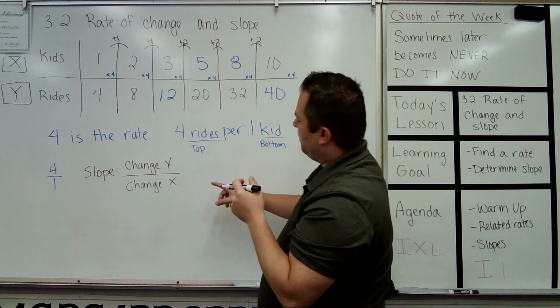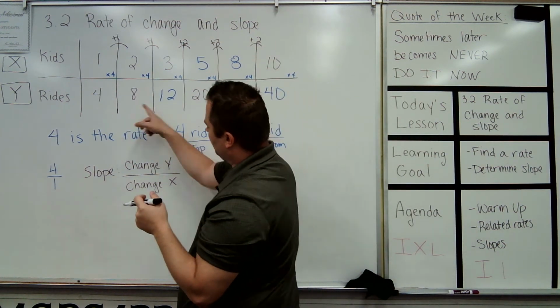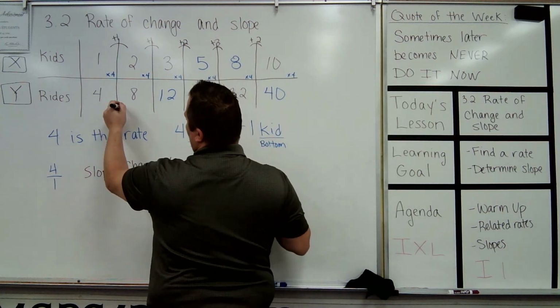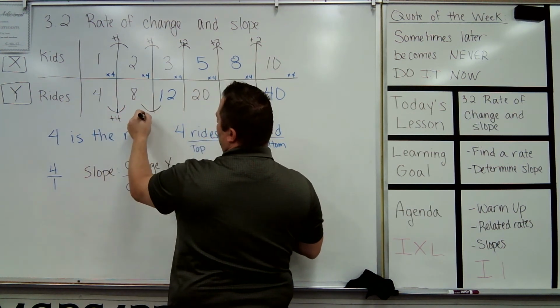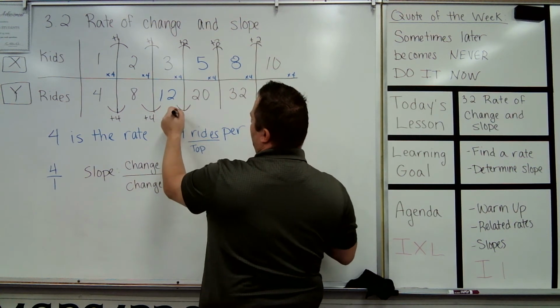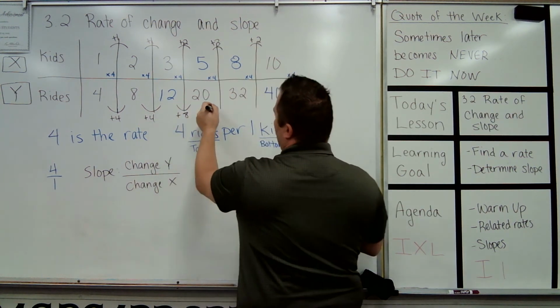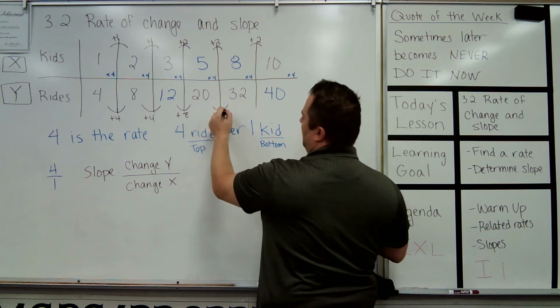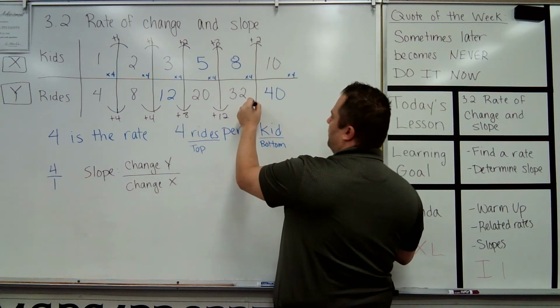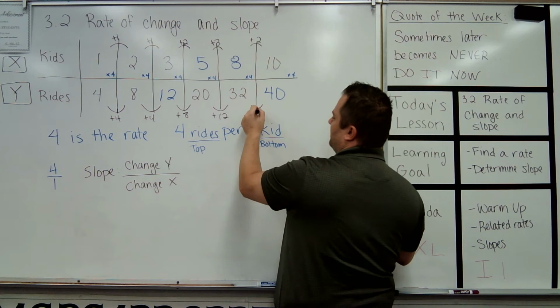Well, if I wanted to see what the change in y's are, from 4 to 8 is plus 4. From 8 to 12 is plus 4. From 12 to 20 is plus 8. From 20 to 32 is plus 12. And from 32 to 40 is plus 8.